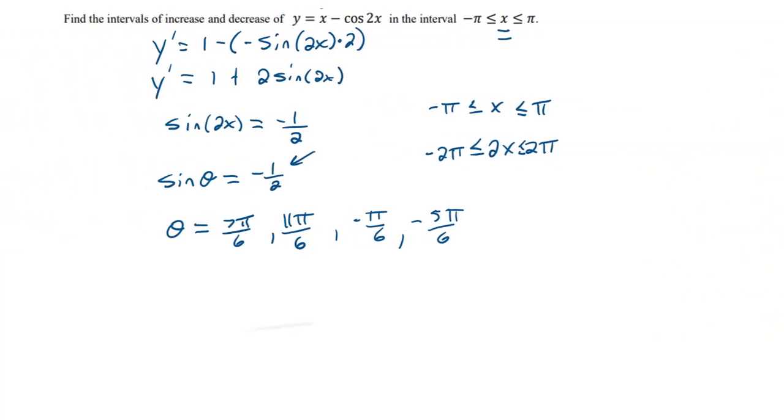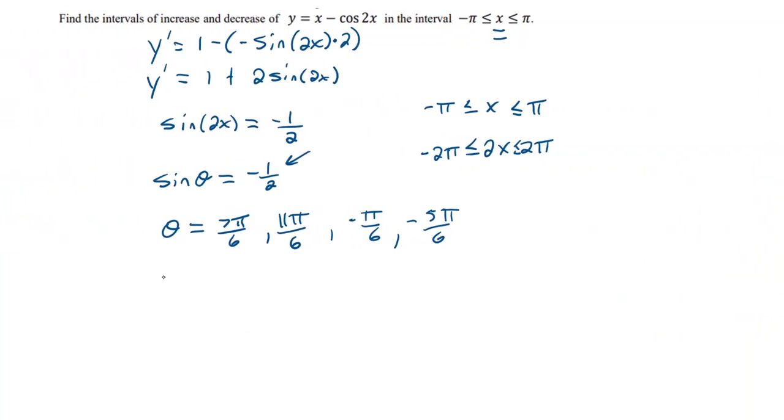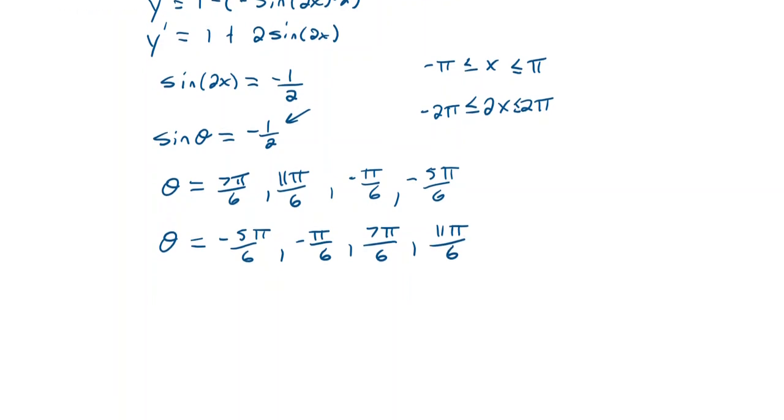All right, so now I'm going to write those out one more time in order, from least to greatest. That was negative 5 pi over 6, negative pi over 6, 7 pi over 6, 11 pi over 6. Those are the numbers where this is true, but that's what's true for theta. Remember, for a second we called 2x theta.